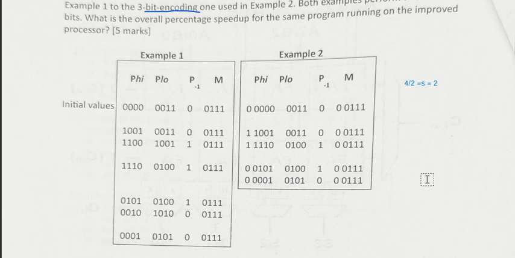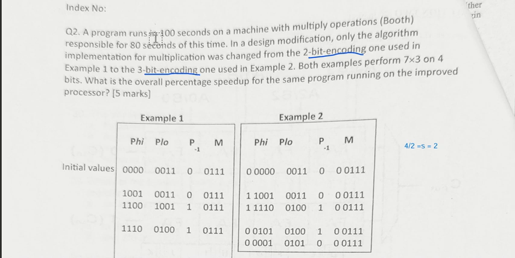Now once you find the speed up factor, the rest is just Amdahl's law. The whole thing takes 100 seconds, but we are speeding something which takes 80 seconds. So the part you are not speeding takes 100 minus 80, which is 20 seconds. Those are not sped up.